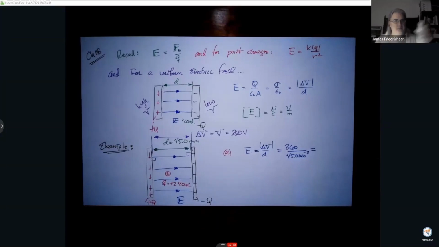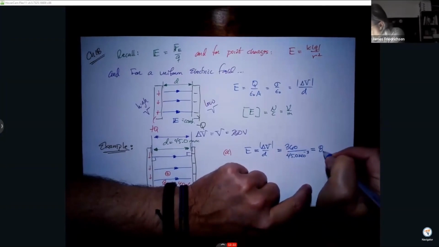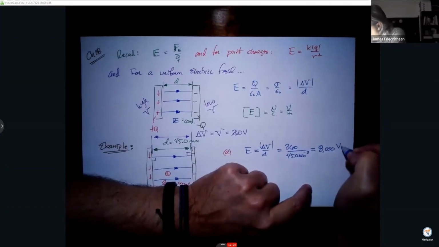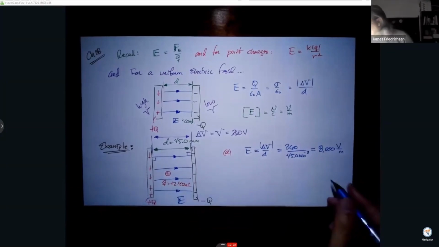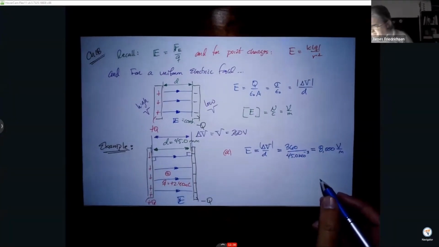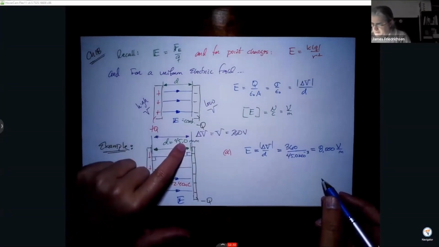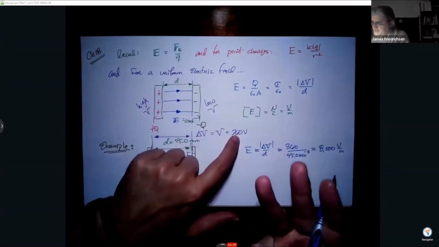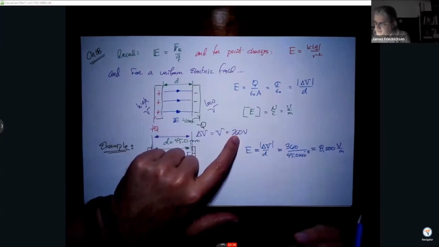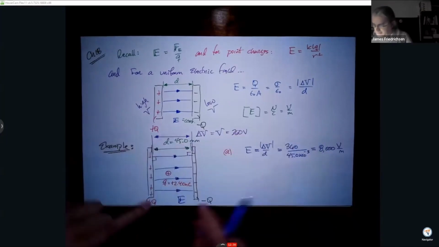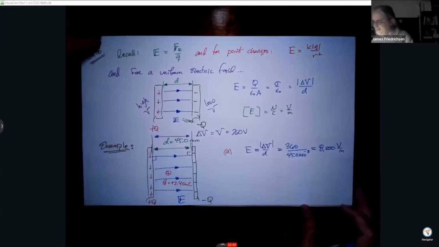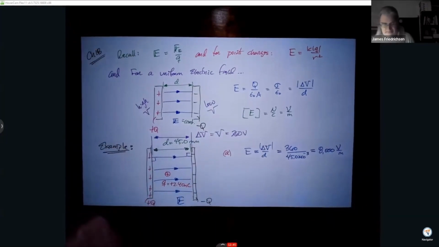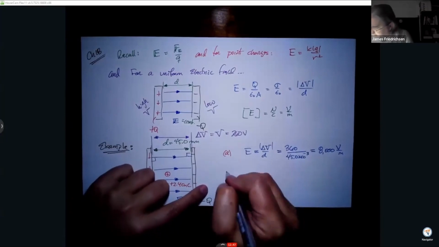Okay, 8,000. I'm going to go with the new units of volts per meter, so we get used to it. In terms of digits, 45.0 definitely has 3 digits. 360 is either 2 or 3, you can't tell. The implication is that it's going to be 3, especially since this is 3 and that's 3, this must be 3. That's generally how that is done. So that's our magnitude of the electric field.